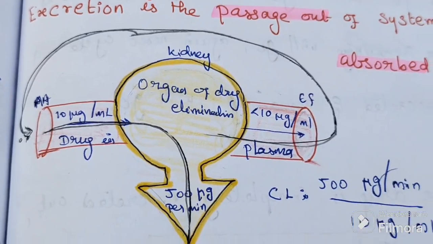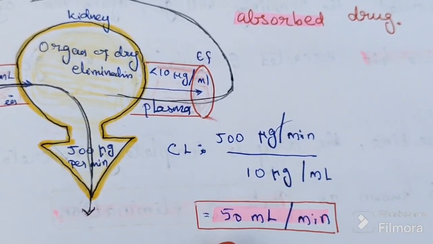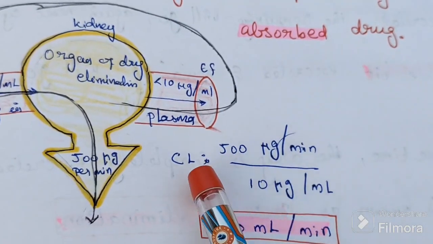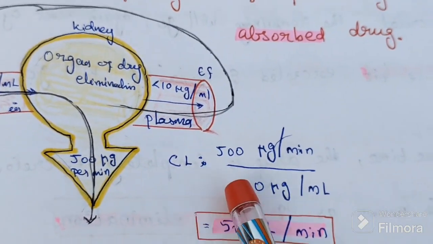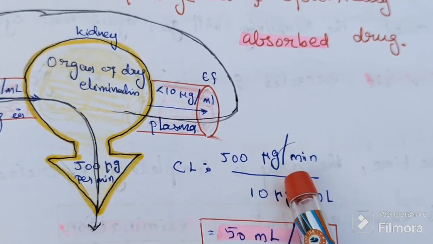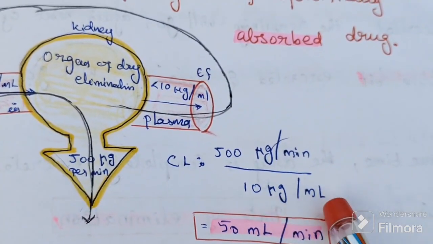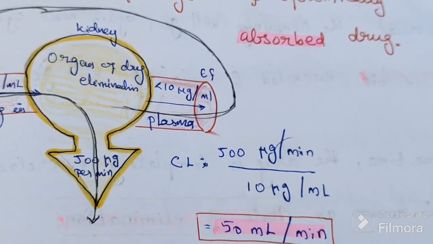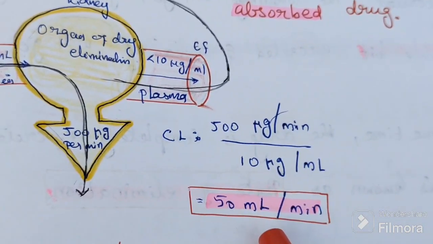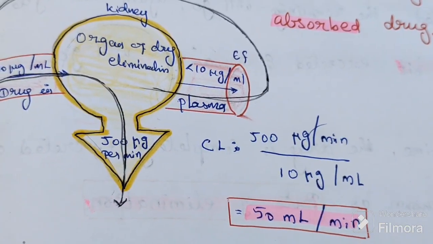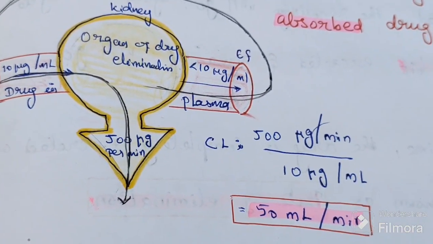So the answer is 50 ml per minute. So every minute 50 ml of plasma gets cleared.